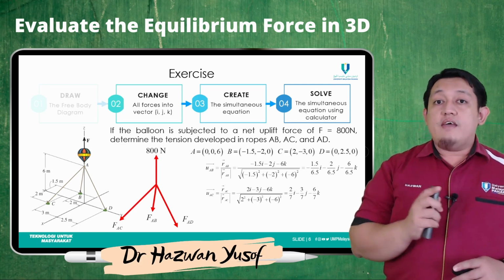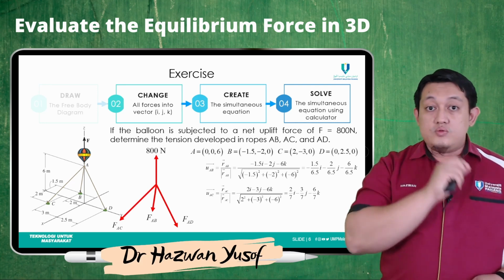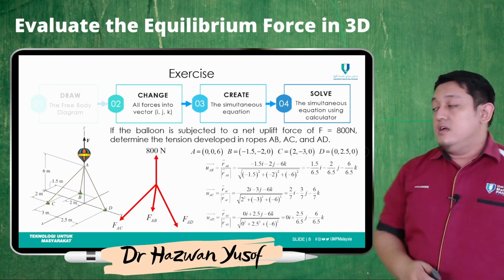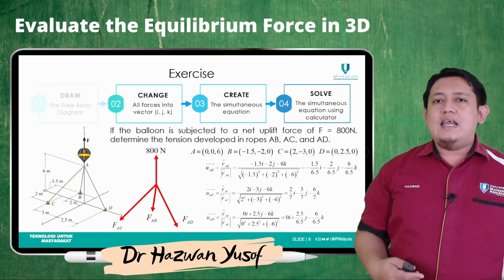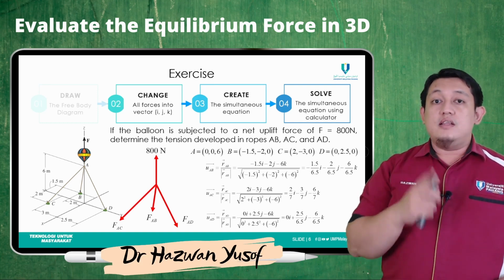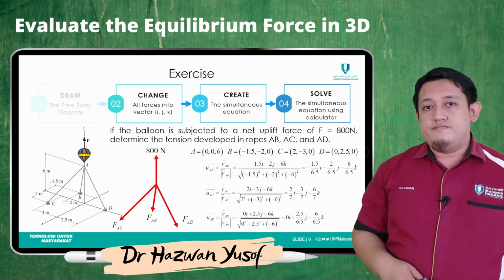Finally, for FAD, the direction is from A to D, so we need the unit vector AD, which is this one. If you don't remember how to calculate the unit vector, you can check my previous lecture video. The link to the video is in the video description down below.